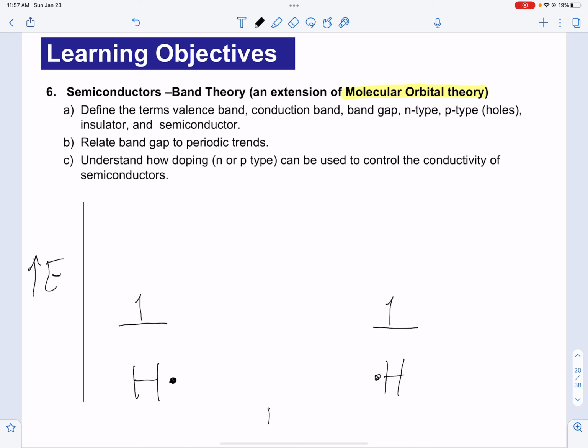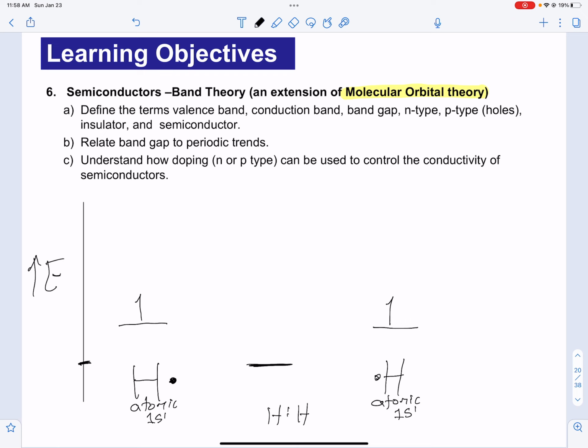We're going to represent the two waves in phase by saying it's very stable, so the energy is going to be low. So we have our atomic orbital, which is a 1s1, and we have another atomic orbital, which is also a 1s1. And I know you remember that from Chem 1.